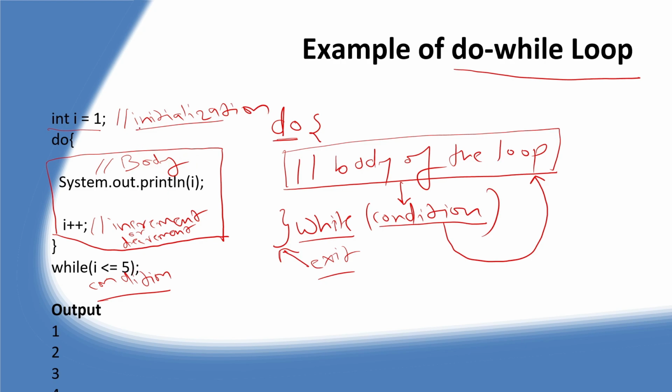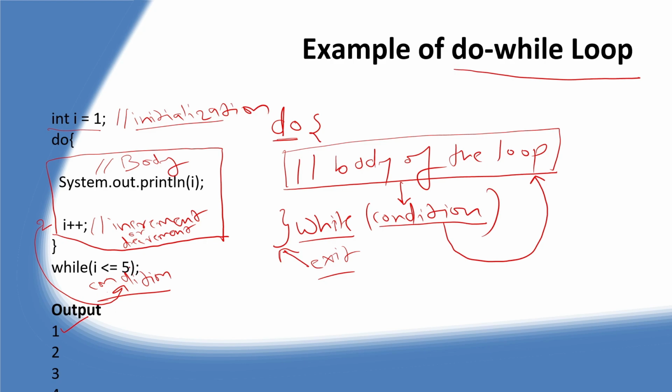After initialization, i equals 1, it will print the value of i, that is 1. Then it will increase the value of i to 2. Again it will check the condition.